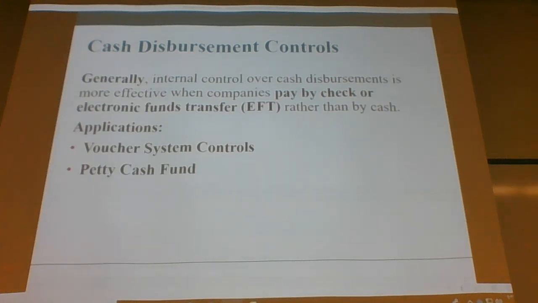And this is absolutely true for most purchases, except for very, very small ones. EFT transactions are becoming more and more common. When you pay your car payment or whatever bills you have, credit card, whatever the case may be, and you pay that online, you are conducting an electronic funds transfer. All right.